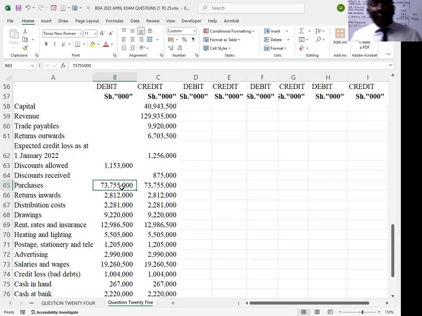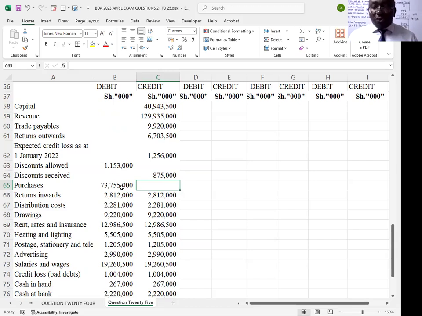Purchases is an expense, and expenses are debited. You could also look at it as an asset, and assets are also debited.